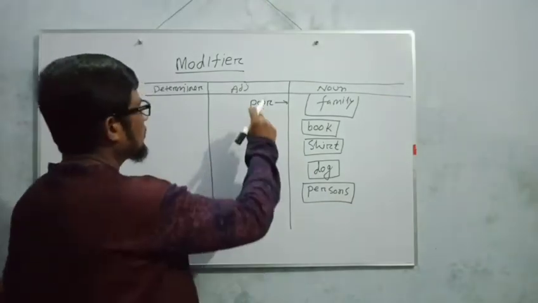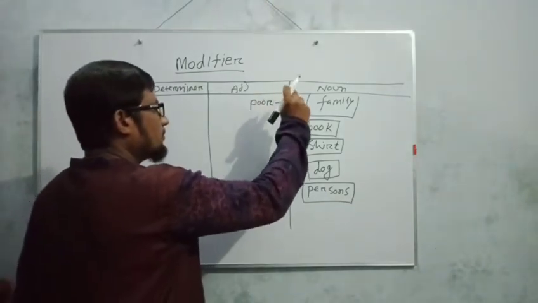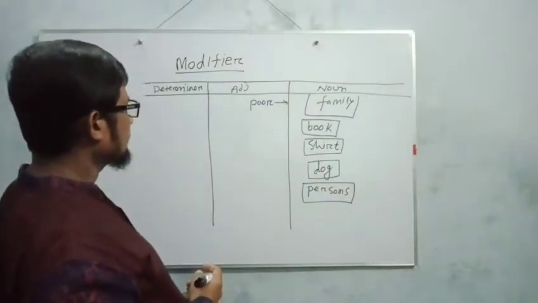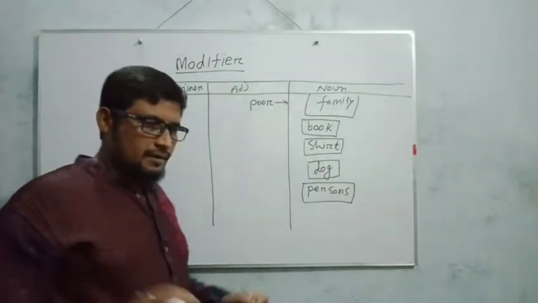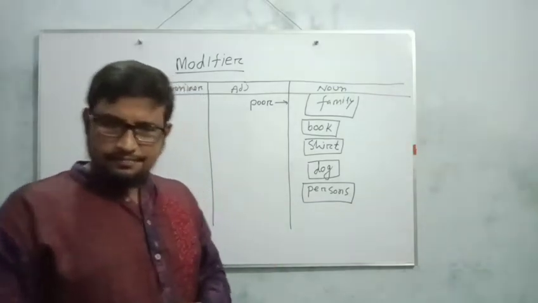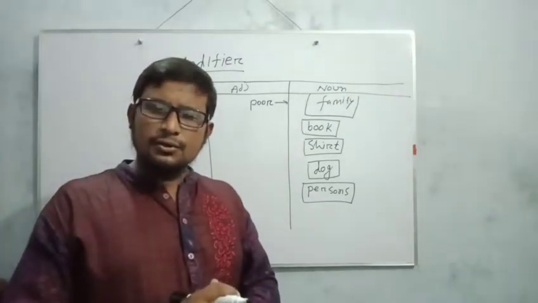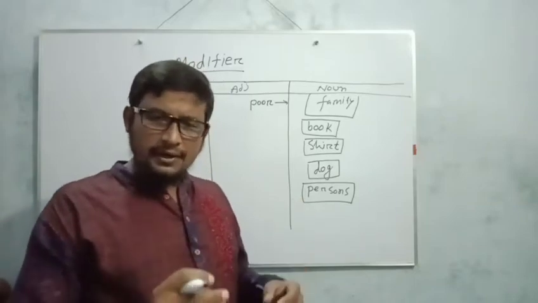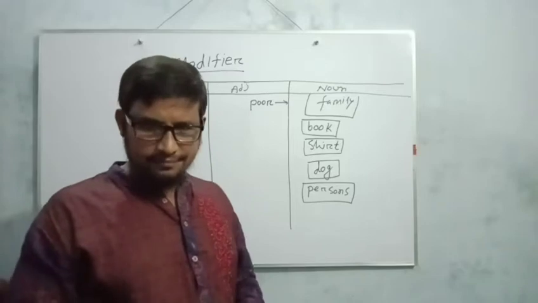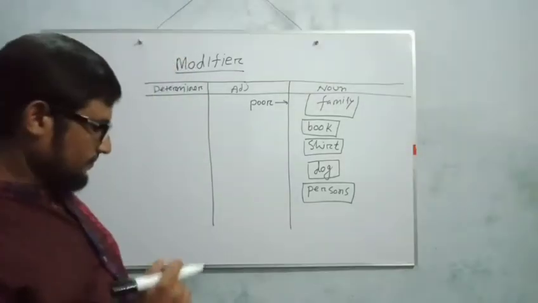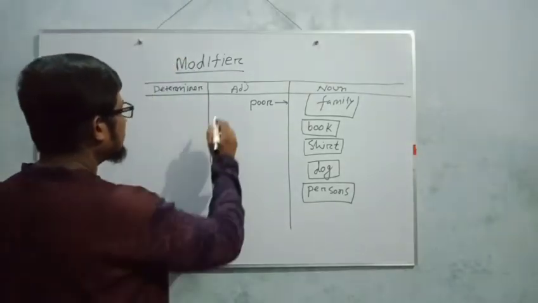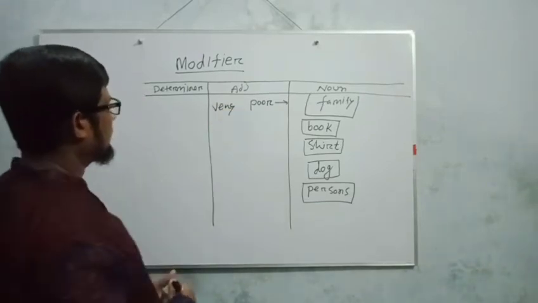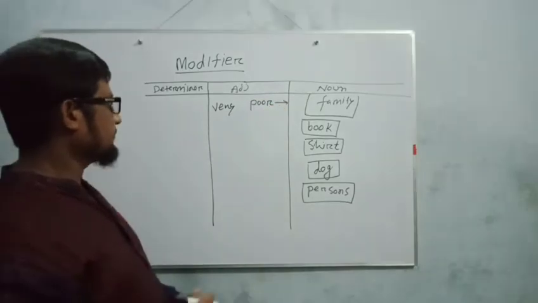So now poor is a pre-modifier of the noun family. Dear students, one thing you should remember, a modifier also can be the modifier of another modifier. Look, if you write down a word very, now very poor family.